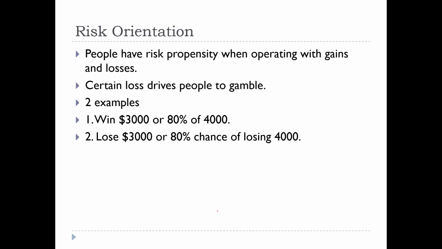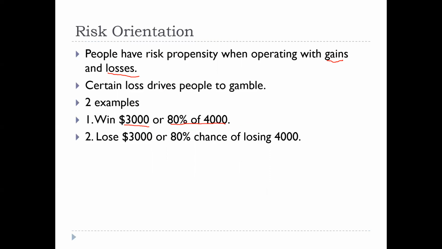Okay. The other aspect of this is whether we are in gains or losses. So in the poll I asked you to do, I asked you whether you preferred an opportunity to win $3,000 with certainty, or an 80% chance of winning $4,000.